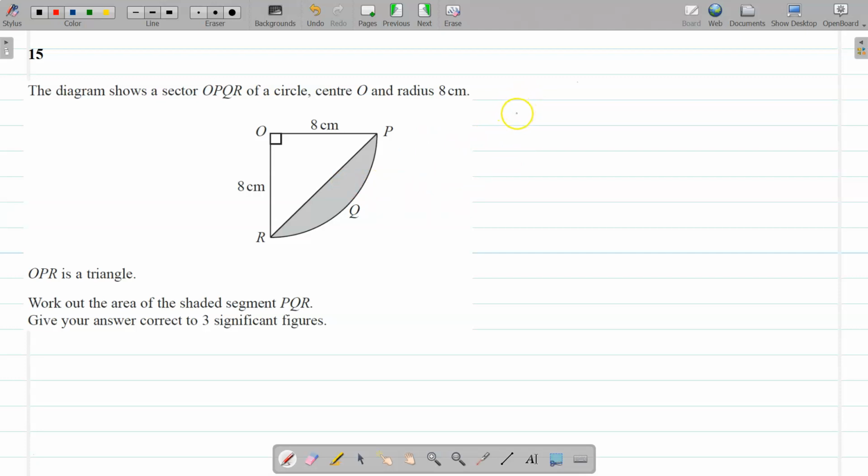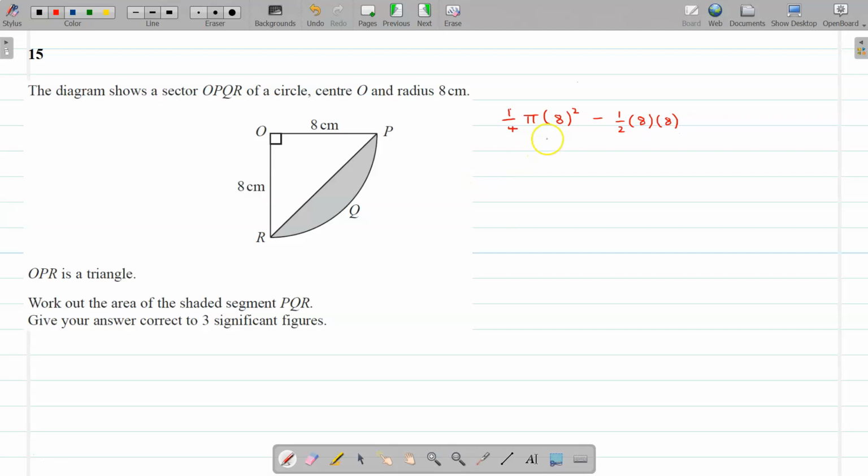The area of the sector, that's the quarter circle, is a quarter of pi times the radius squared. So it's a quarter of pi times 8 squared. And from that, we've got to subtract a triangle with half base times height. So it's a half of 8 times 8.